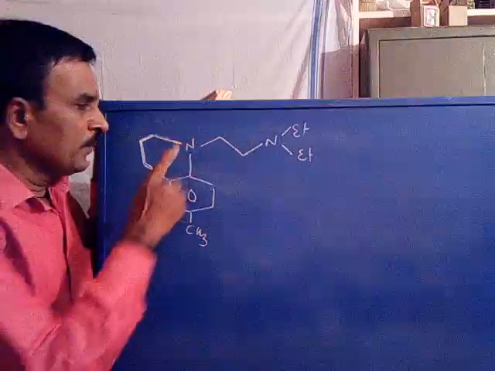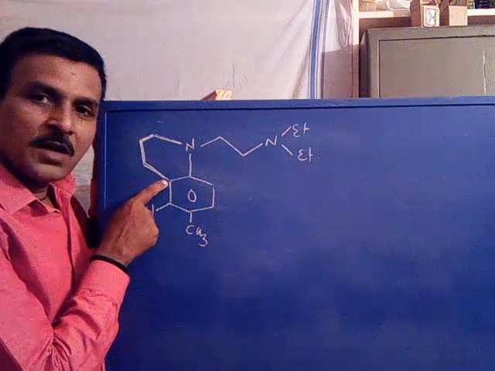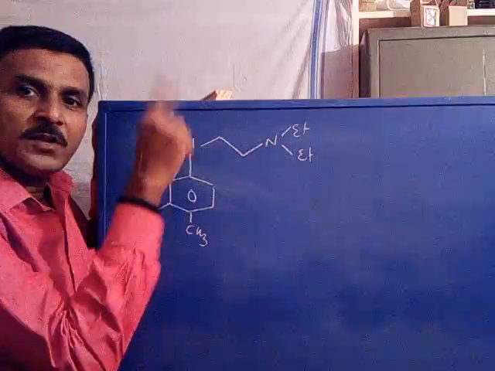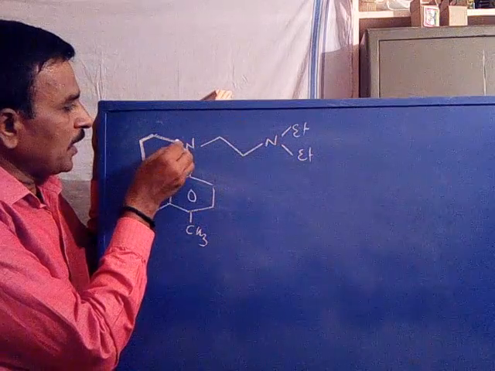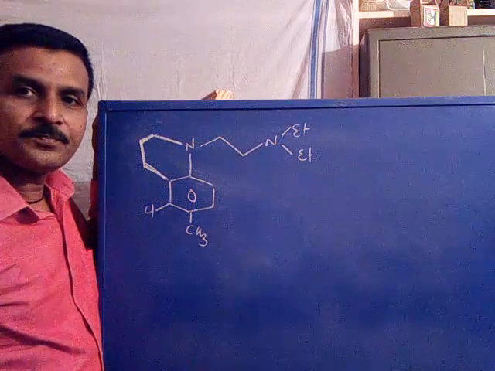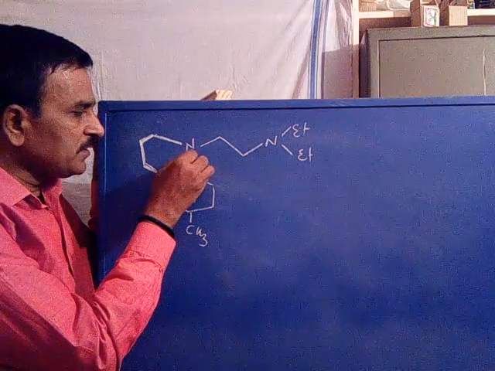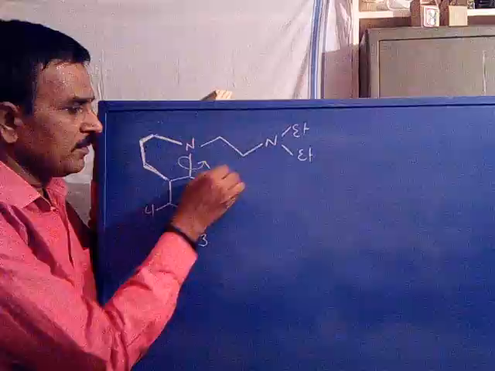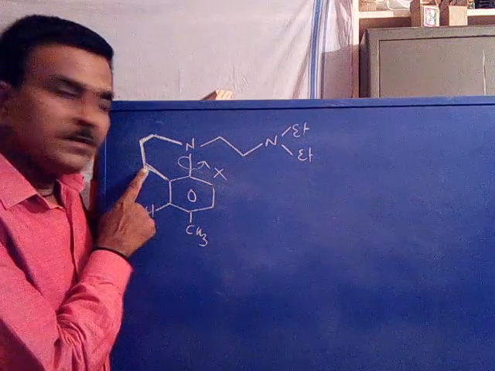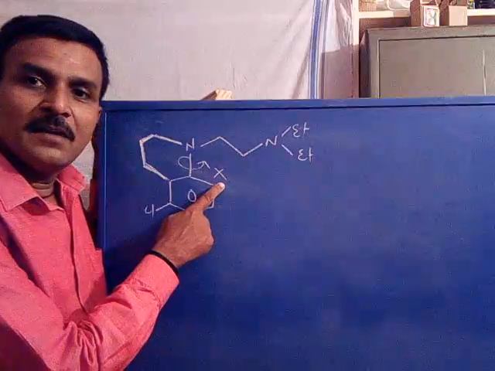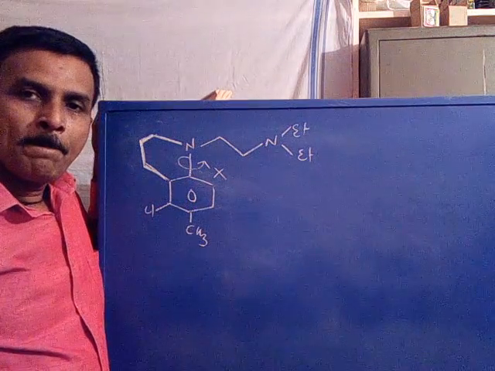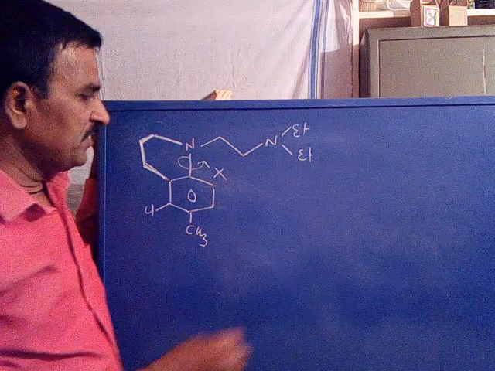What we have done is substitute the ortho carbon and the hydrogen of nitrogen in myrcene with this fragment. This is a 6-membered ring, so that its rotation is restricted. Due to the rigidification, the rotation gets restricted. Is it clear? Now, in another way, its conformational change can be prevented.